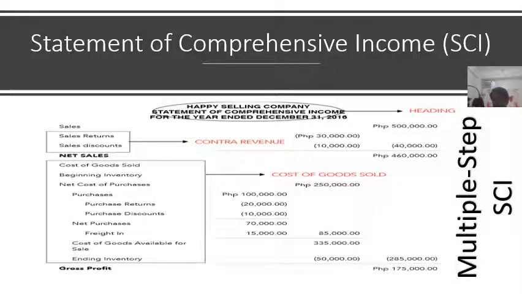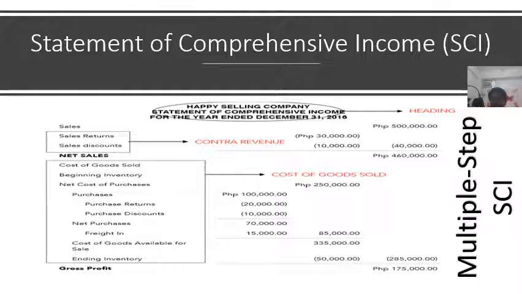So this is the statement of comprehensive income under the multiple step approach, which is applicable for merchandising and manufacturing business, the types of businesses that produce their own goods for sale. So, this one is for manufacturing. As you can see, this is only part 1. There is a continuation on the next slide.